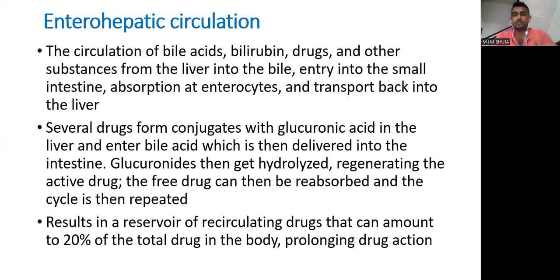Several drugs form conjugates with glucuronic acid in the liver, enter bile, then are delivered to the intestine. The glucuronide then gets hydrolyzed and regenerates the active drug. The active drug, that means the free drug, is reabsorbed and the cycle is repeated. It results in a reservoir of recirculating drug that can amount to 20% of the total drug in the body.